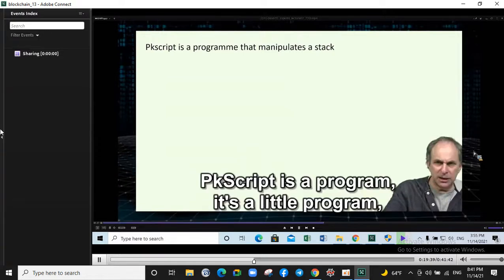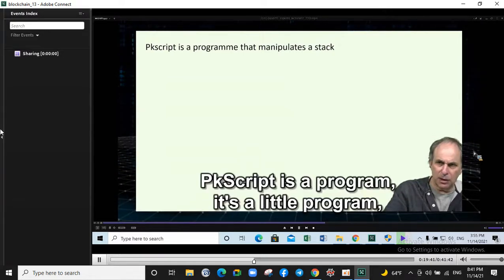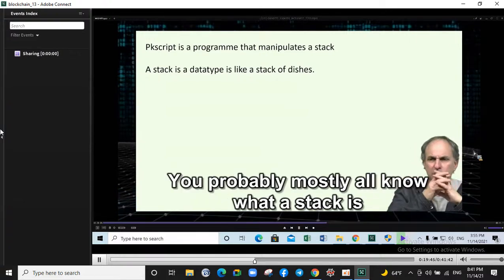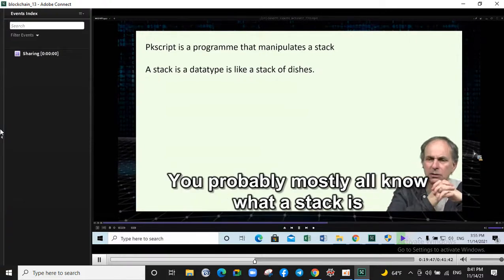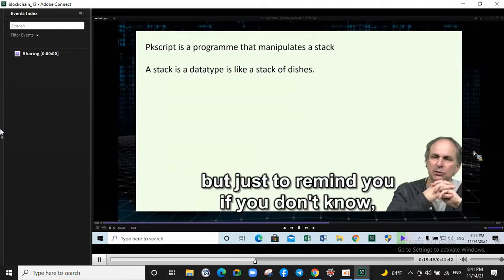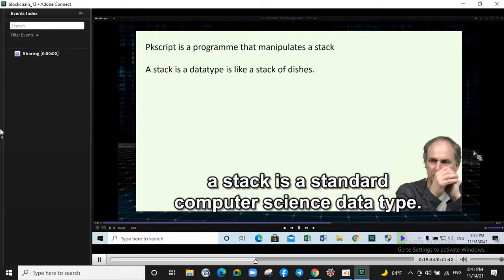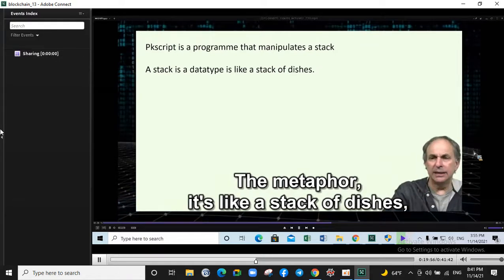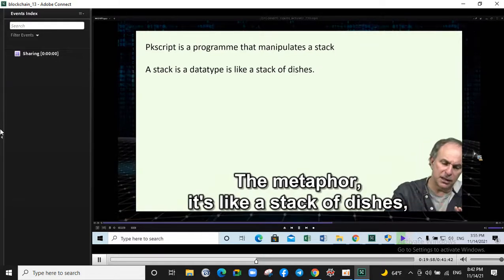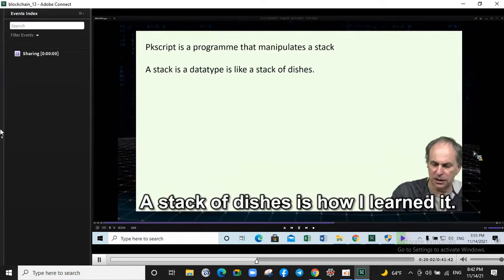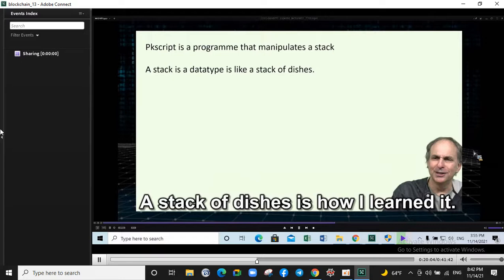Okay, PK script is a program. It's a little program, and it manipulates a stack. Just to remind you, those of you who probably mostly know what a stack is, a stack is a standard computer science data type. The metaphor is like a stack of dishes or a stack of books, but a stack of dishes is how I learned it.